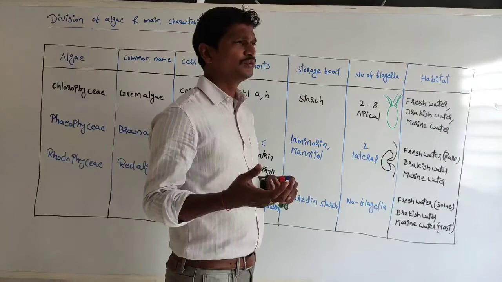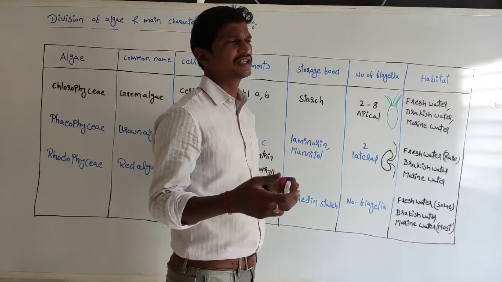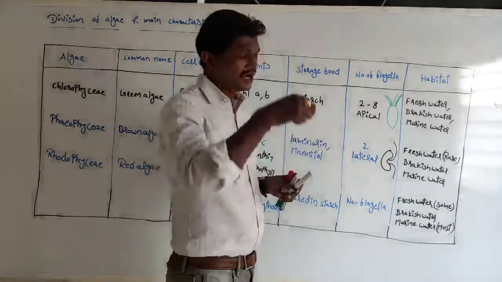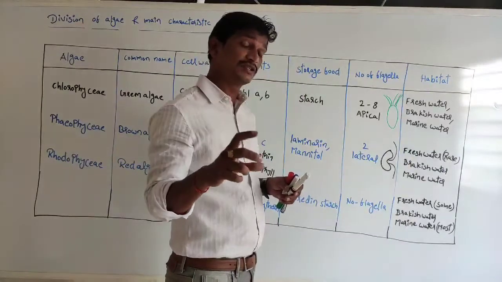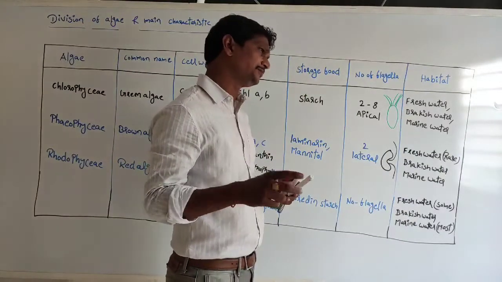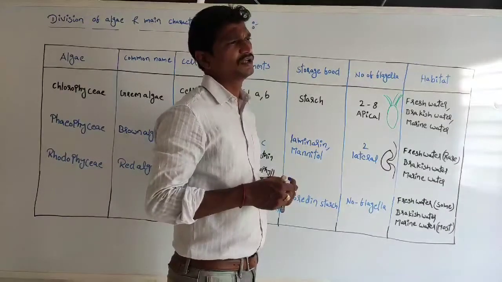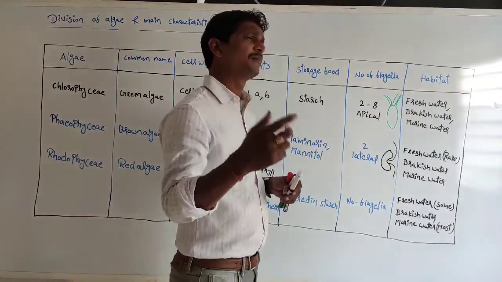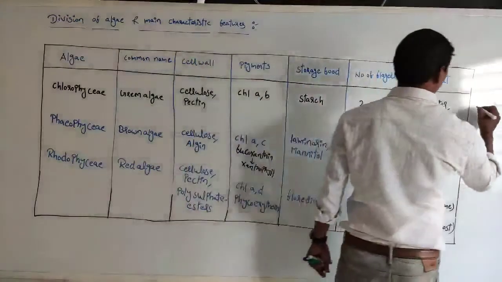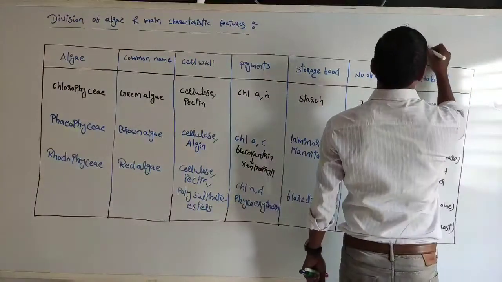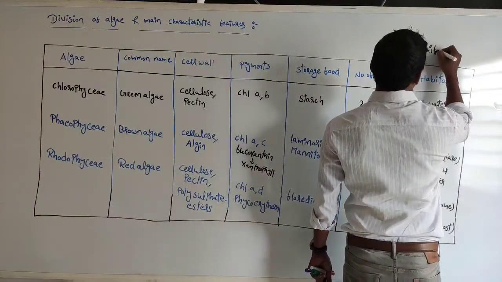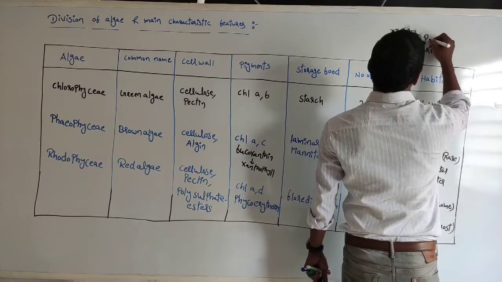So there are two flagella, and they are unequal. Remember the shape of these spores: either a pyriform shape or a pear shape.